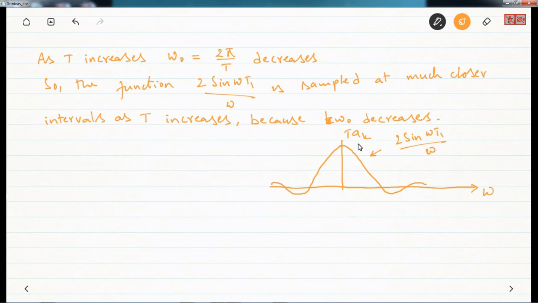This is being sampled at, previously, this point is omega naught, and this point is 2 omega naught.